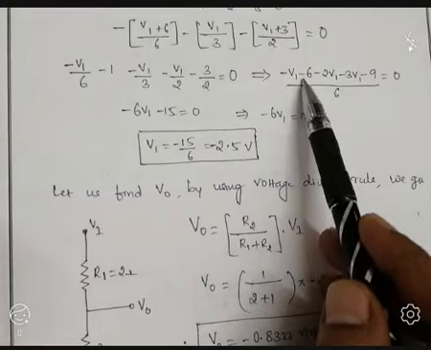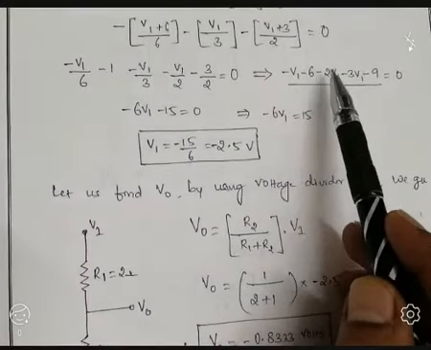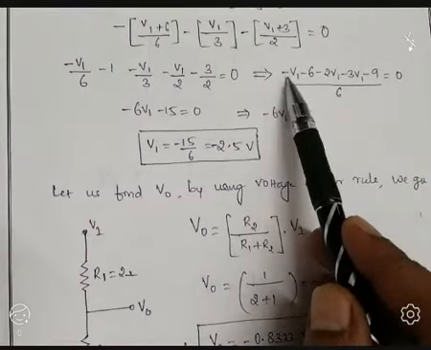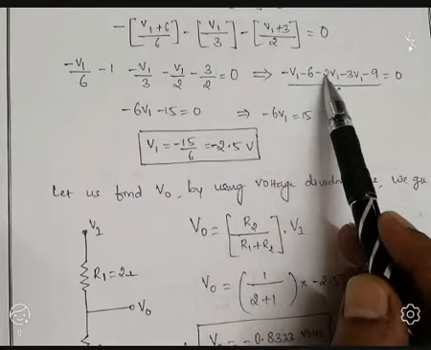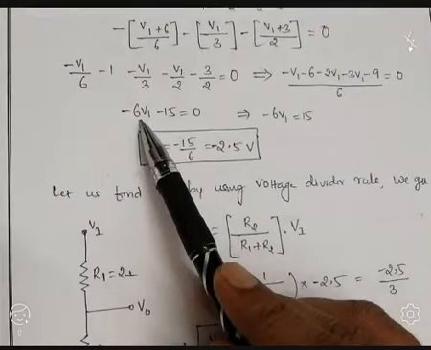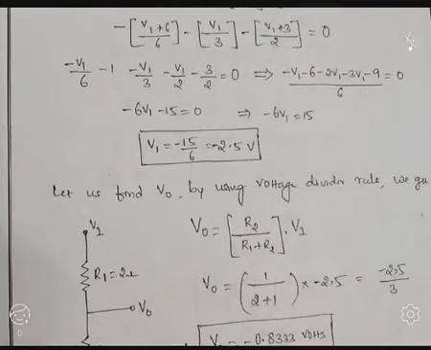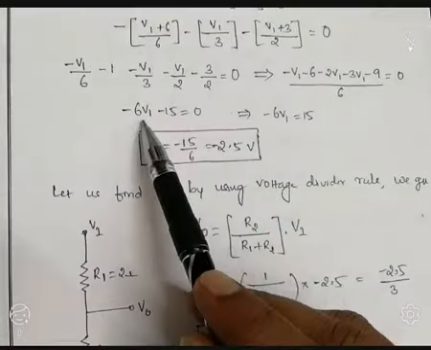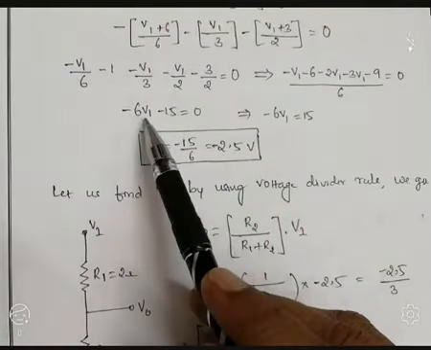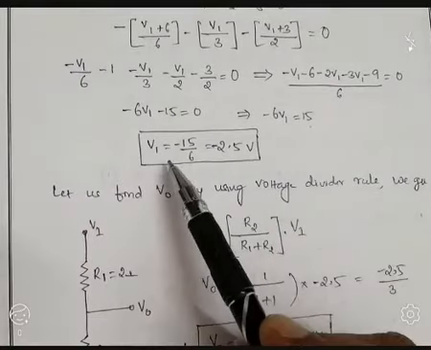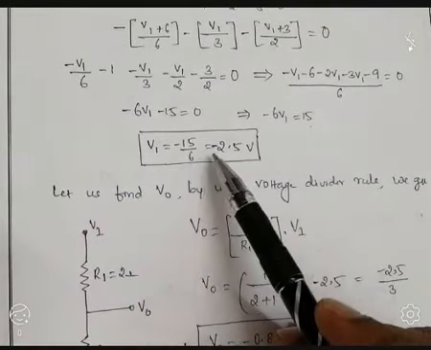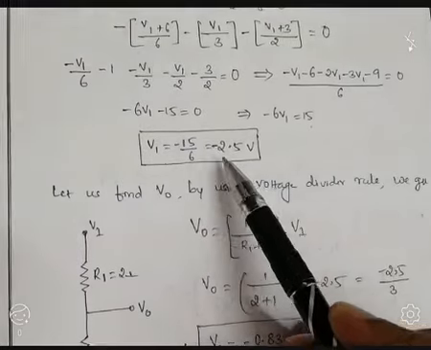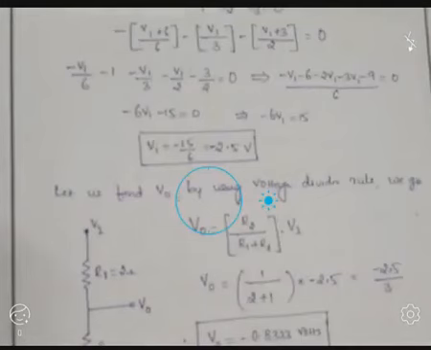The coefficients of V1 are 1, 2, 3, hence add these terms: minus 1, minus 2, minus 3. Hence it is minus 6 V1 minus 6 minus 9, that is minus 15, equal to 0. Hence minus 6 V1 equals plus 15. V1 equals minus 15 by 6. How much? V1 equals minus 2.5 volts.